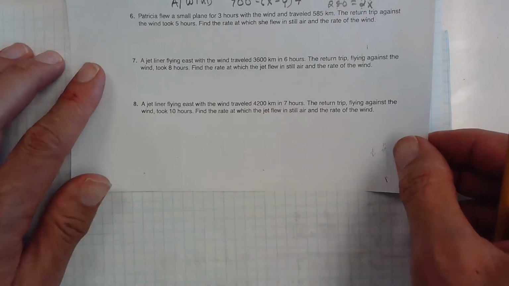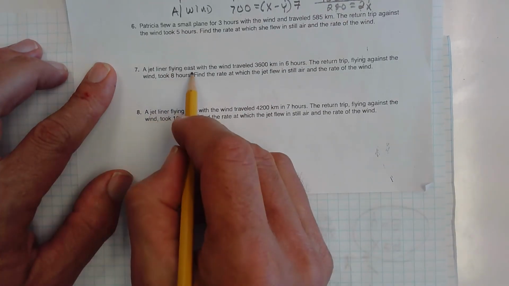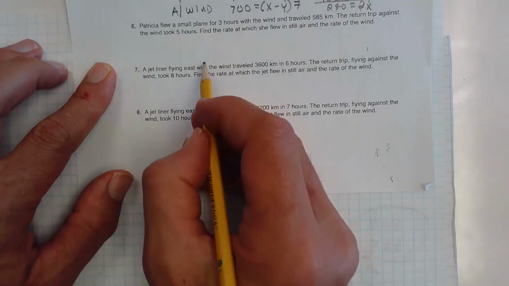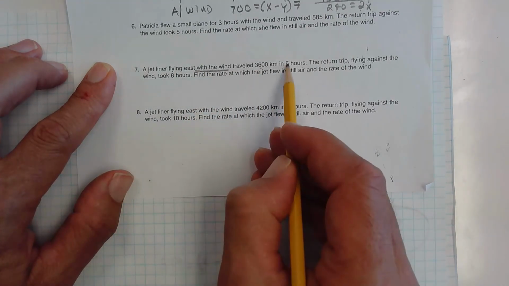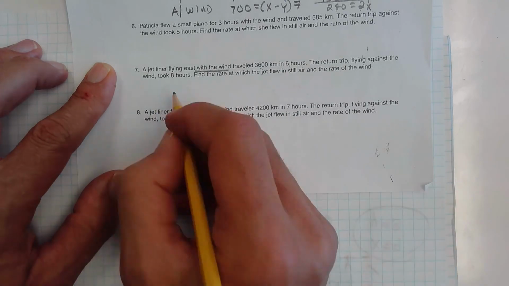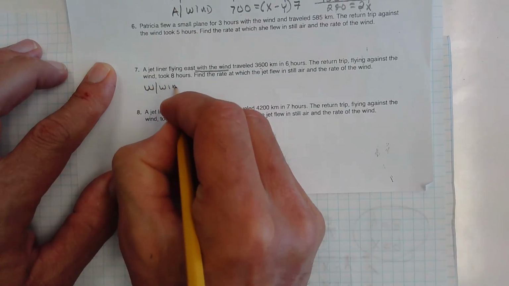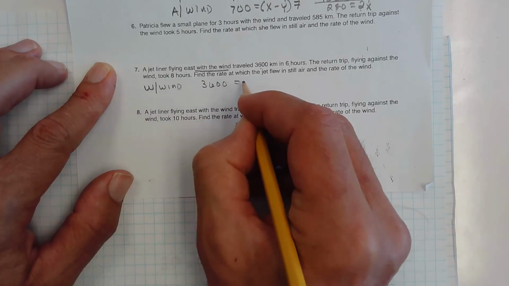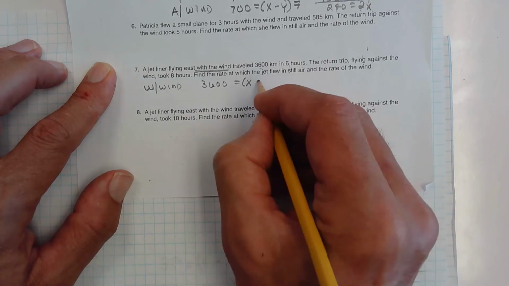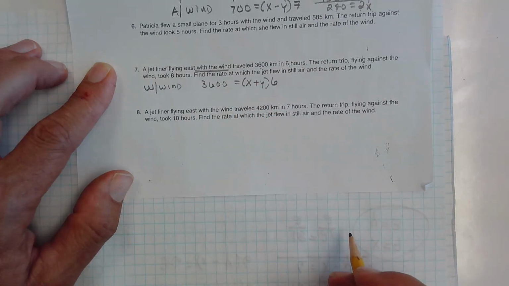Okay, last example, number 7. A jetliner flying east with the wind, this is going to be our plus one, traveled 3,600 kilometers in 6 hours. So I'm going to say with the wind, I'll write that one right away. So distance equals plane speed plus the wind in 6 hours.